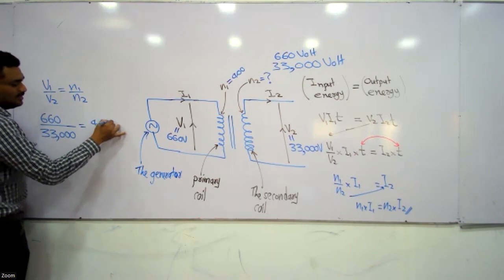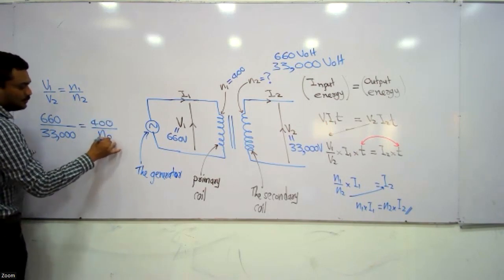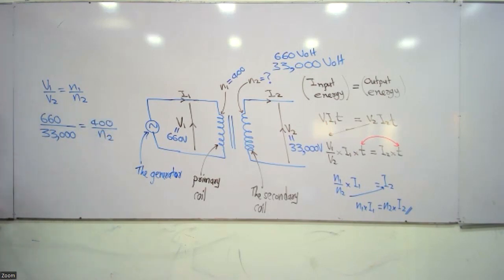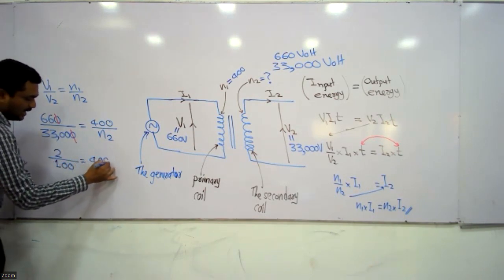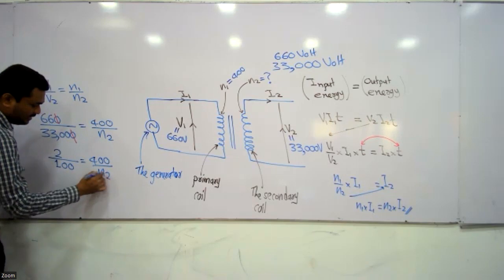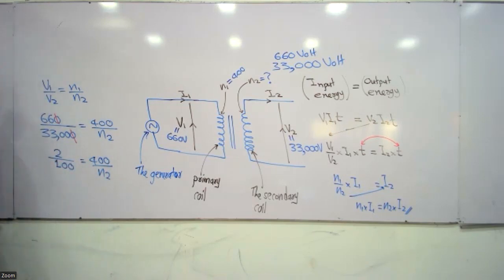N1 is 400. The question asks what N2 is. So we can easily cancel out this 0 and this 0. 66 divided by 33 is 2. 33 divided by 33 is 1, and with the two zeros, 100. Equal 400 divided by N2.